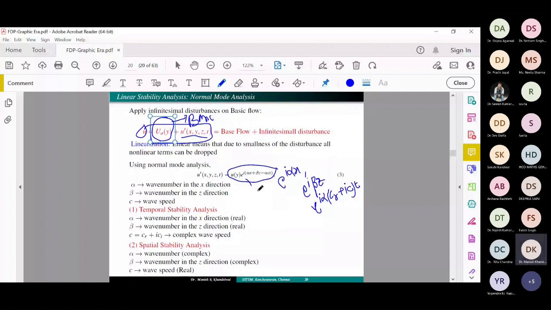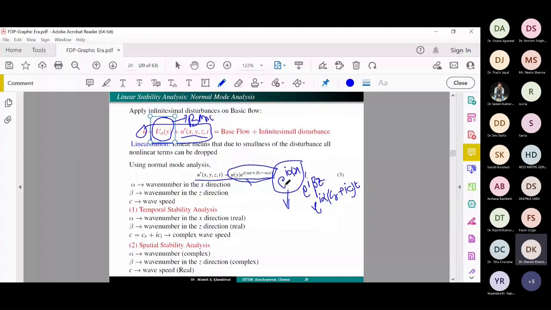Now see this picture. If you understand this one, then the complete scenario in stability analysis will be clear. This quantity will be finite, because e raised to iota alpha x is nothing but cos alpha x plus iota sin alpha x, and the modulus of this quantity is finite.